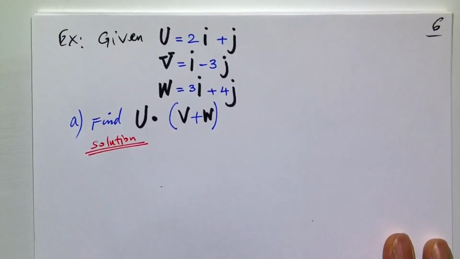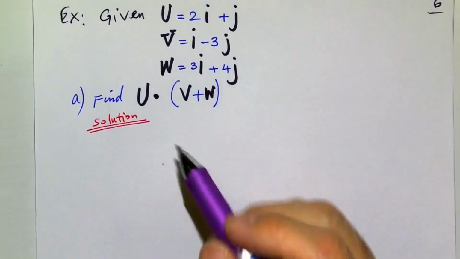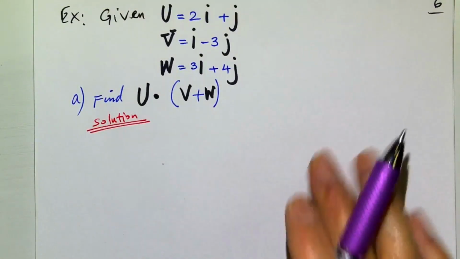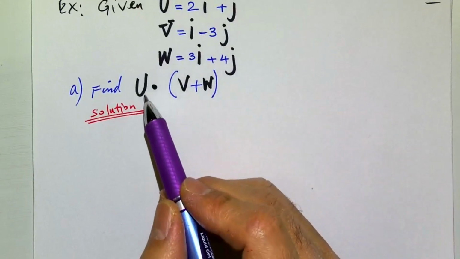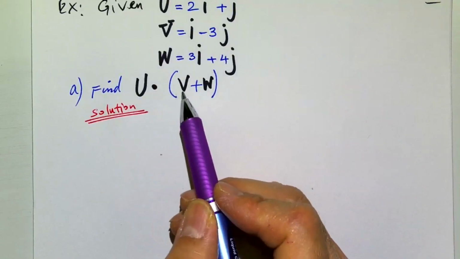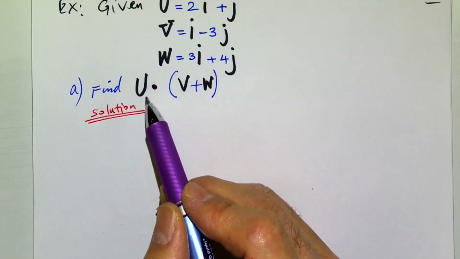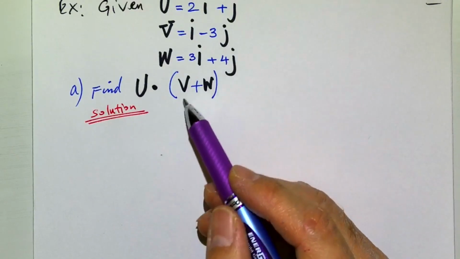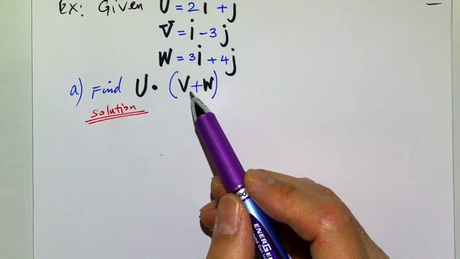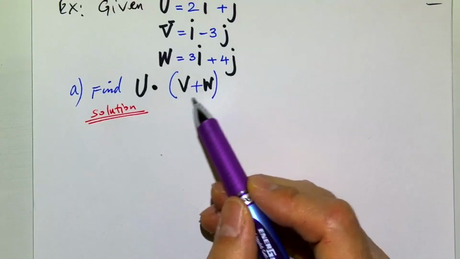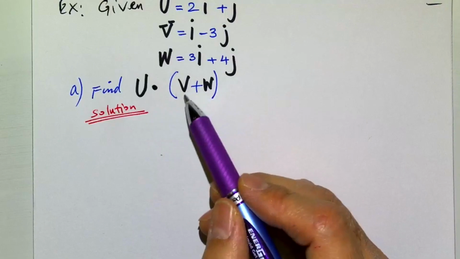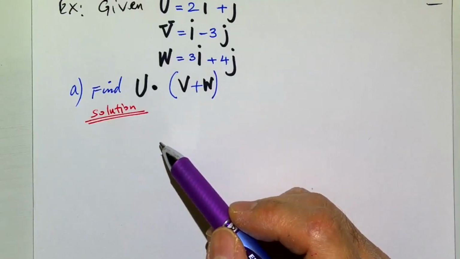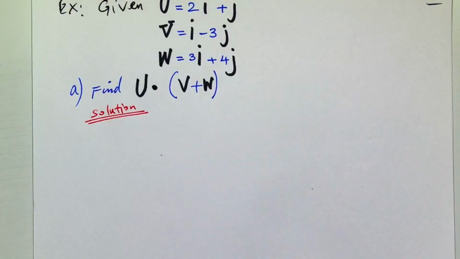Okay, so now what I would do, you could use the distributive property like we discussed earlier. You could take the dot product of u and v and then say plus dot product of u and w. You could do that. But I prefer to just add those two vectors and then take the dot product of the resulting vector with u. Okay, let's do that.